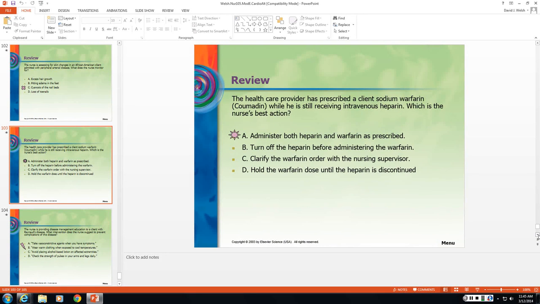Is it to clarify the warfarin order with the nursing supervisor, or is it to hold the warfarin dose until the heparin is discontinued? Okay, correct answer is A, administer both heparin and warfarin as prescribed. Because how long does it take the warfarin to get into your system? Several days, okay, so to get to a therapeutic level, so it's okay to administer both.